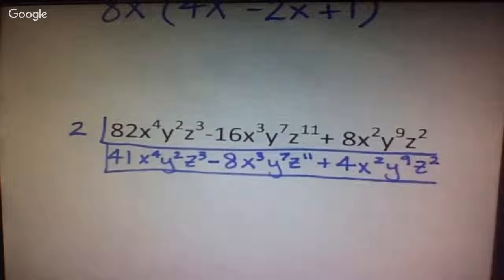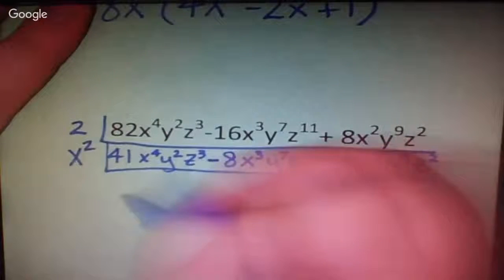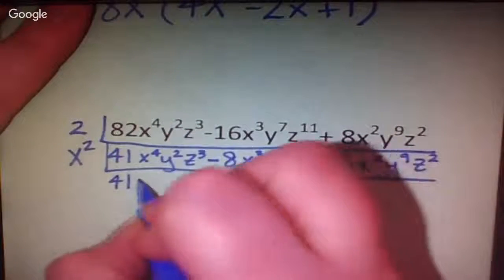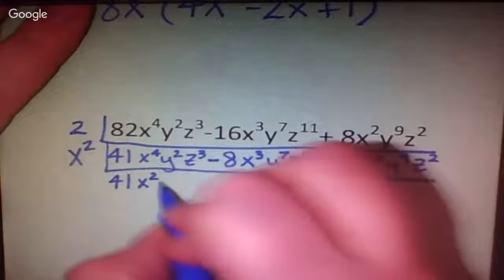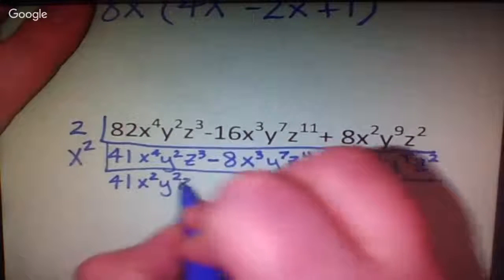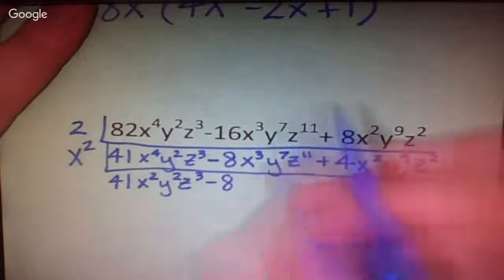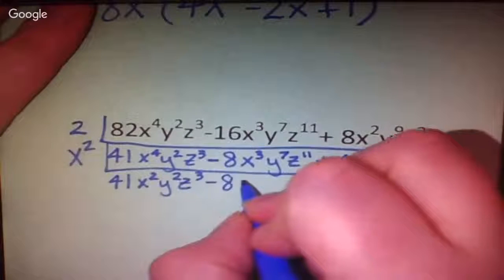So now we got to do the x and then the y and then the z. So 4 x's, 3 x's, 2 x's. X squared. So when I take away 2, that leaves me with 2. Didn't touch the y's, didn't touch the z's. Minus 8. I started with 3, I'm now left with 1.